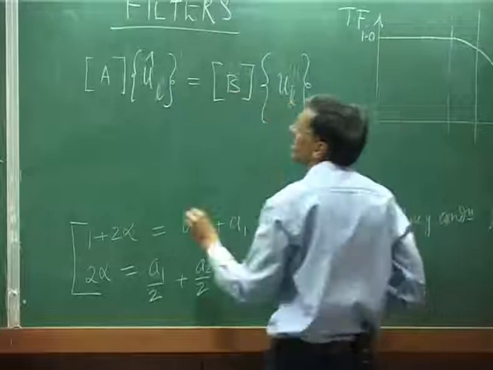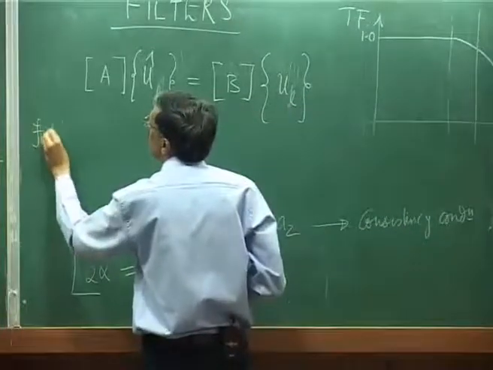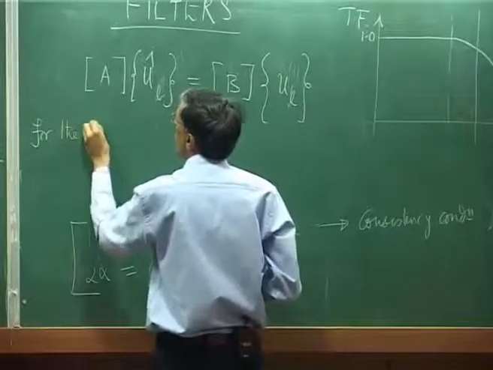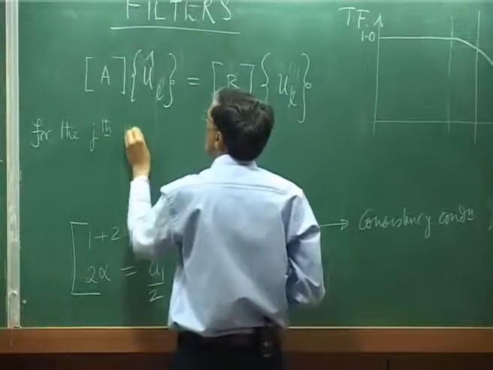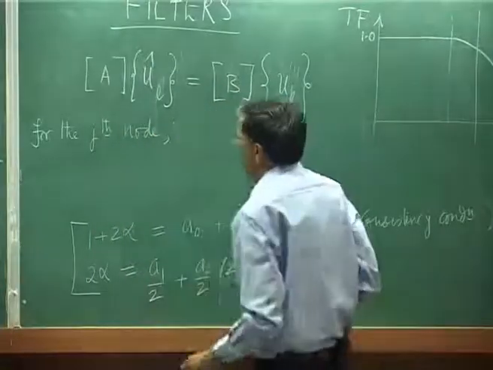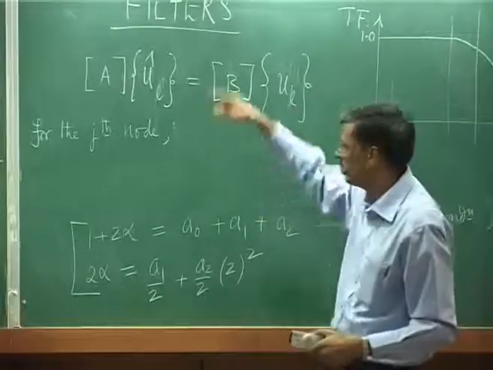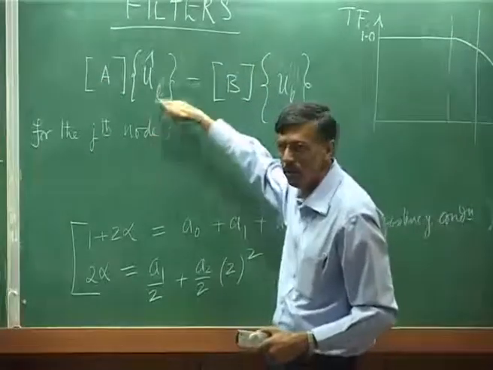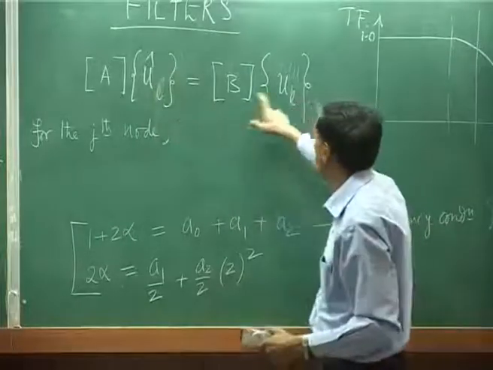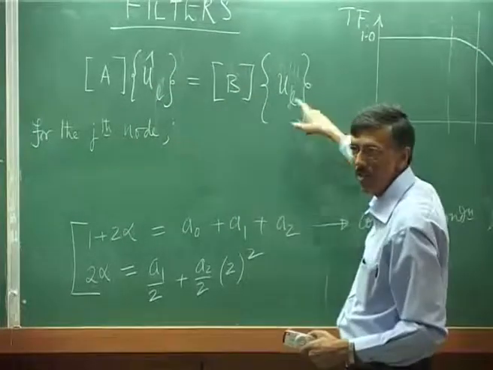So if I am looking at the jth node, I would be looking at the jth line entry of the A matrix multiplied by all the u hat l's, and that should be equated to the jth line entry on this side.